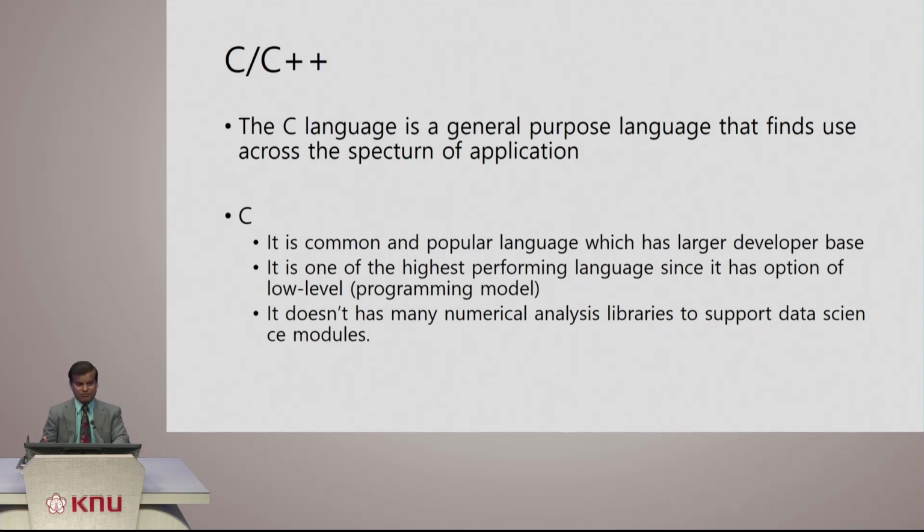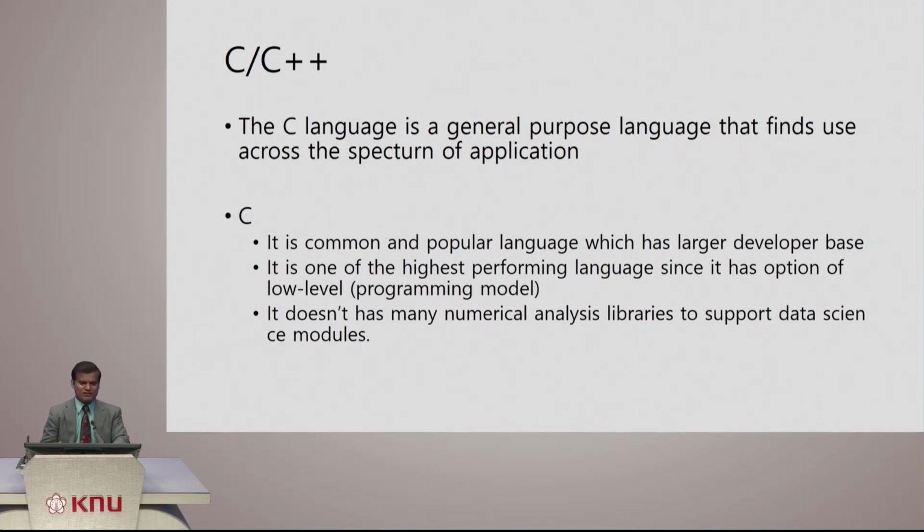In fact, C++ also has the same advantage for performing low level tasks, but it has some disadvantages as well. For performing numerical analysis, they don't have many libraries and packages to support us. In fact, the data science community is not popularly using C or C++.